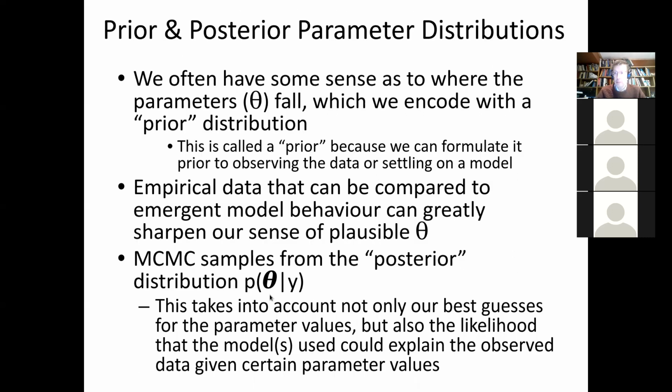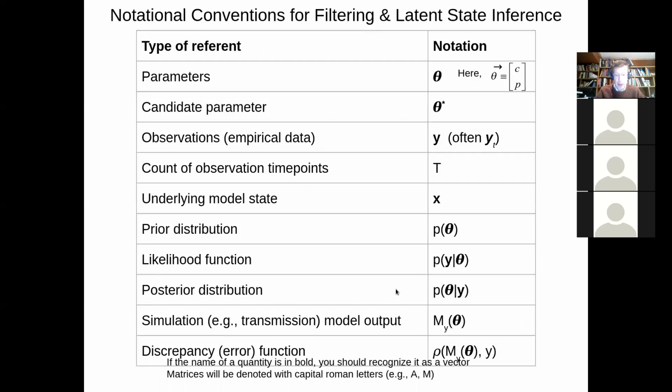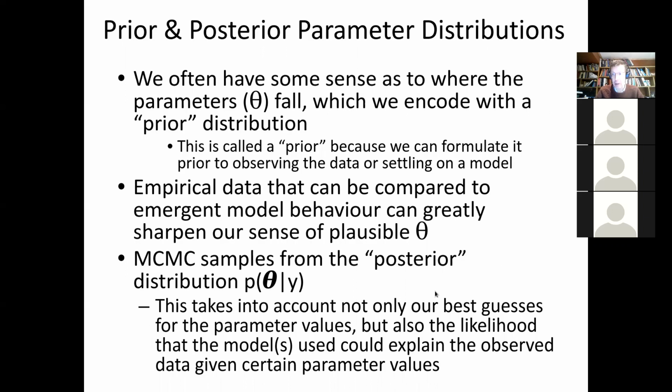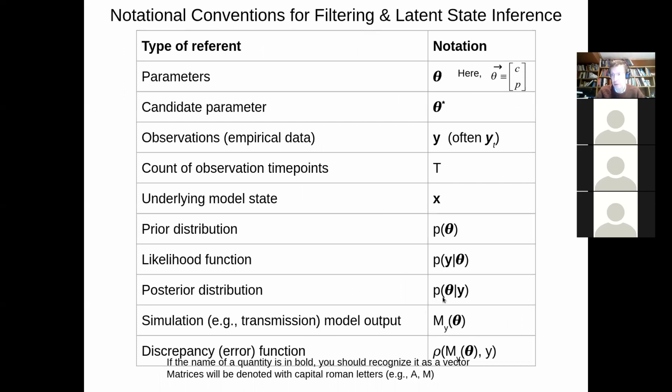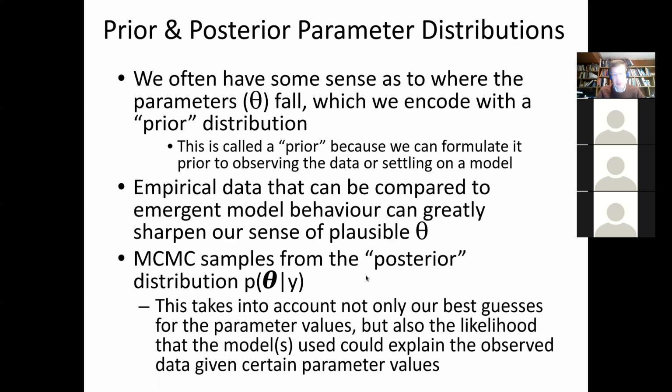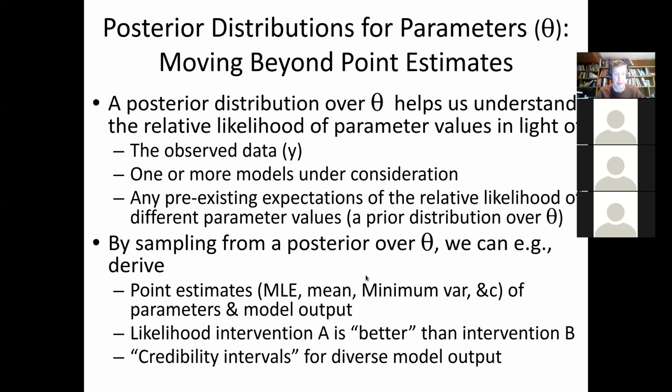We want to use MCMC to tell us what this posterior distribution is from Y. But it's not going to tell us the shape of it directly. What it's going to do is give us samples from it. It's going to sample from it again and again and again.